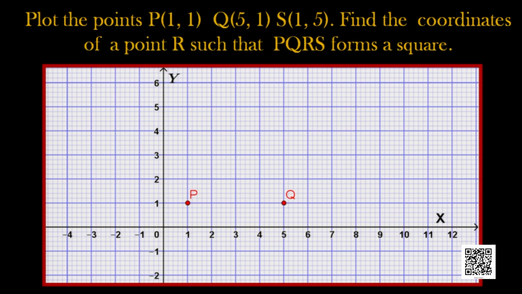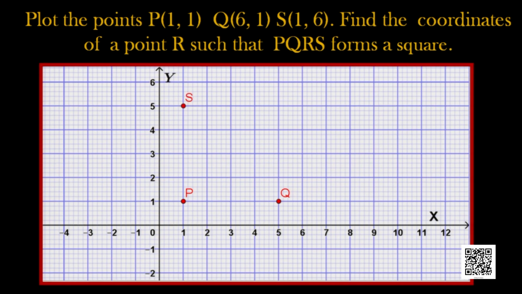Therefore we have to go 1 unit along the x-axis, then 5 units along the y-axis. So this is S. Now we have to search for the point R because P, Q, S are given.